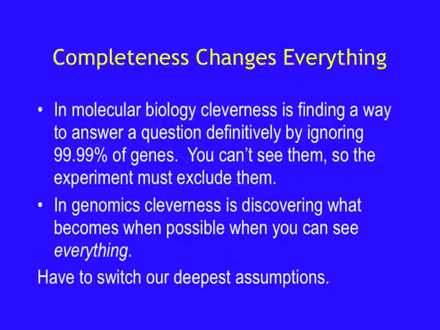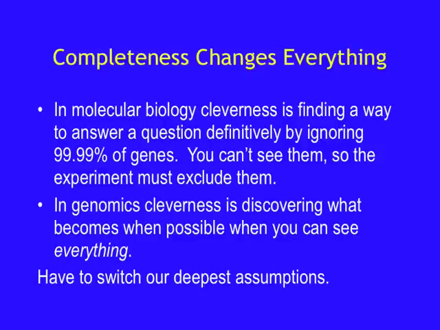So what you would do is design an experiment that is clever in that it can actually answer a question by ignoring most of what's going on. In genomics, actually, cleverness is the exact opposite. It's what becomes possible only when you have a complete data set.